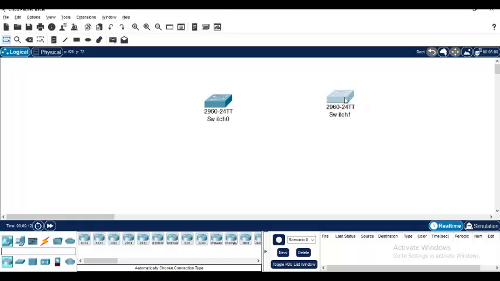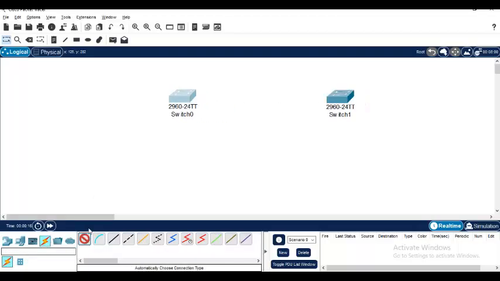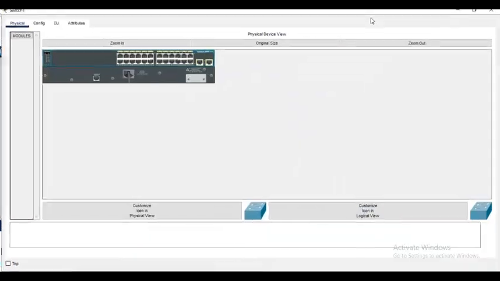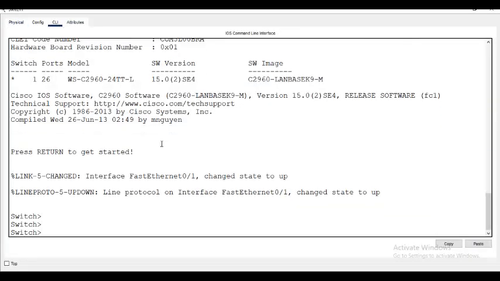Now, I'm going to this guy. Interface F0/1, switchport mode dynamic desirable.